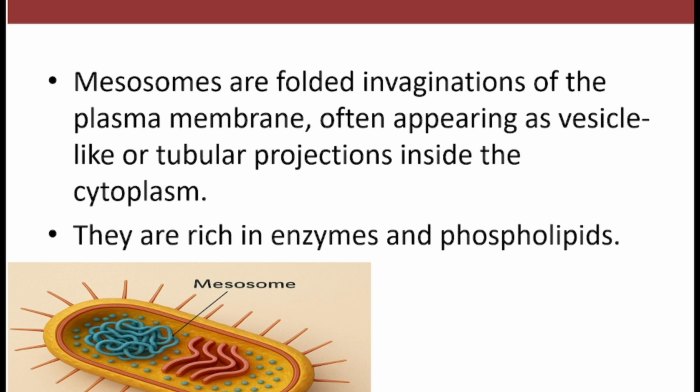The structure of mesosomes are folded invaginations, that is internal. They are folded invaginations of the plasma membrane. That is when the plasma membrane, which happens to be this one, is infolded, is invaginated. So it's going to appear as a vesicle or in the form of a tubular projection, which is going to be inside the cytoplasm.